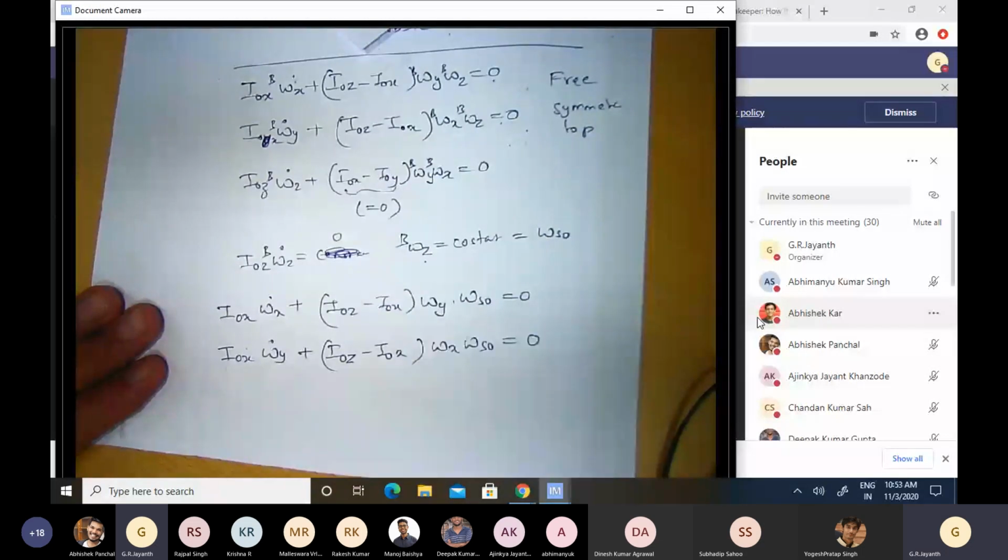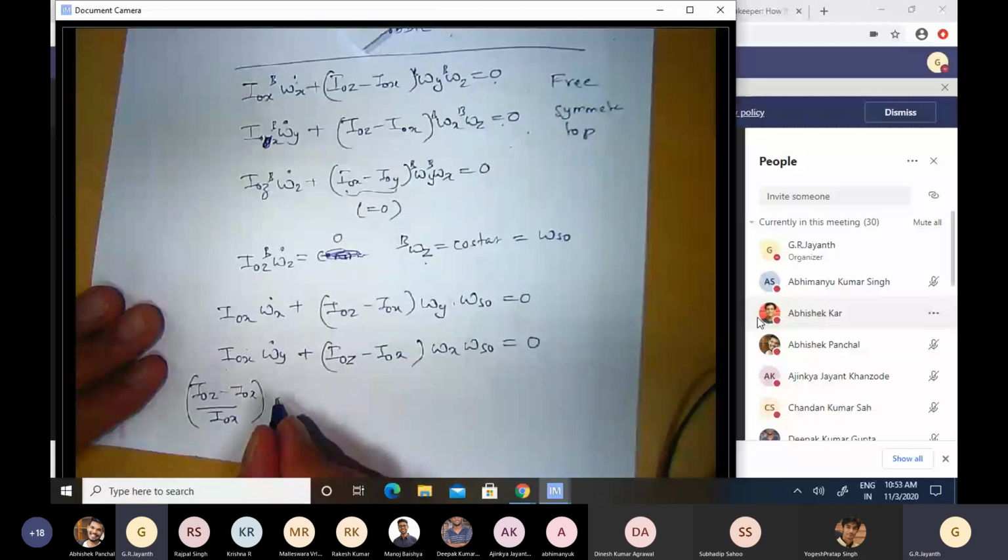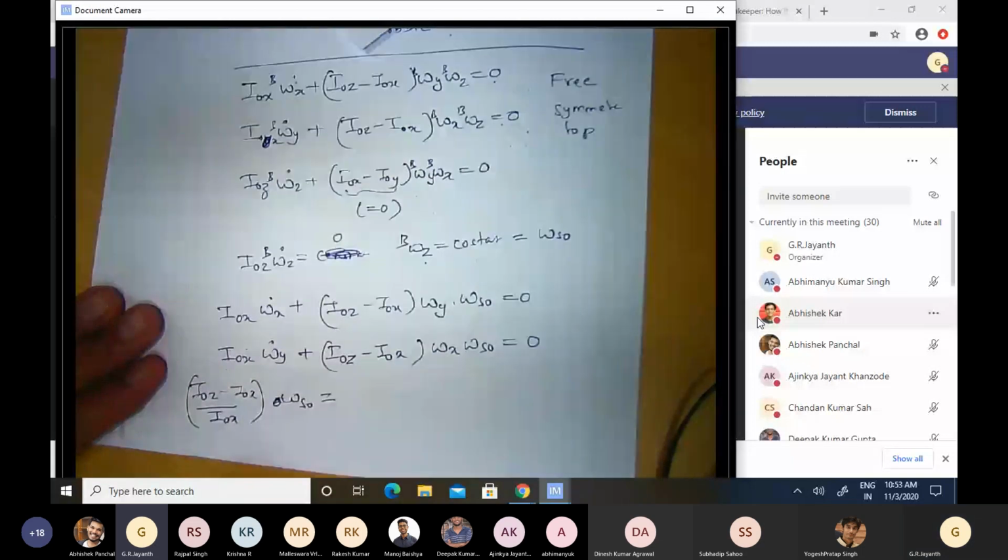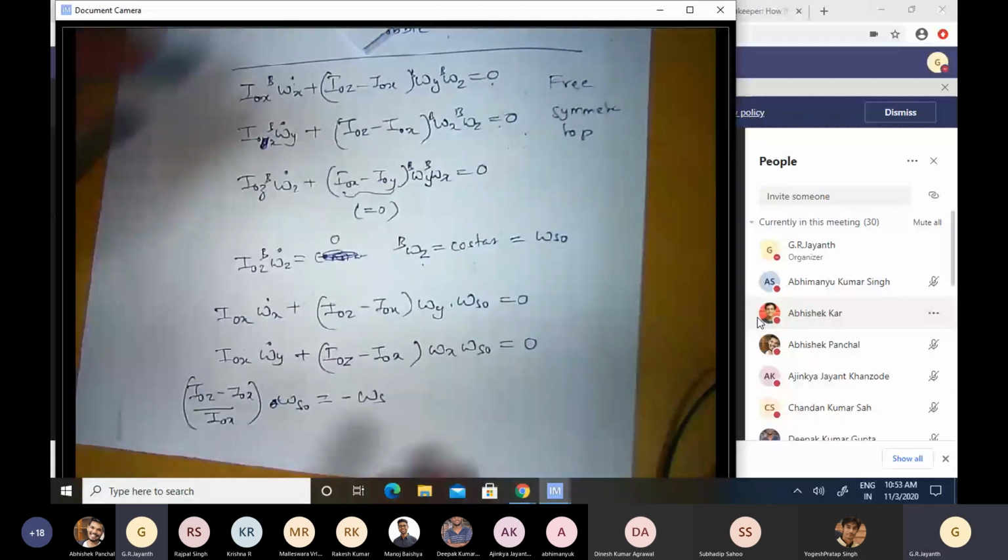Now you note that (I0z minus I0x) divided by I0x times omega s naught by definition is equal to minus omega s in the previous derivation.